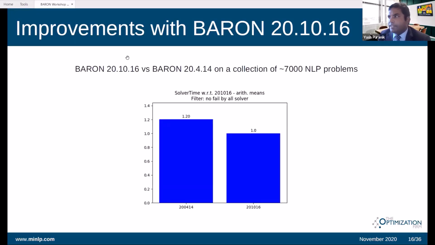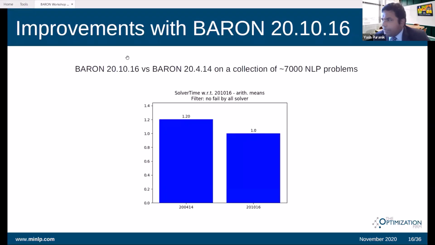This is on a collection of about 7,000 nonlinear problems. This is not really an internal benchmark, because this set of 7,000 test problems is a combination of publicly available libraries such as GlobalLib and PrincetonLib and so on. We've just combined everything together into one giant test library.